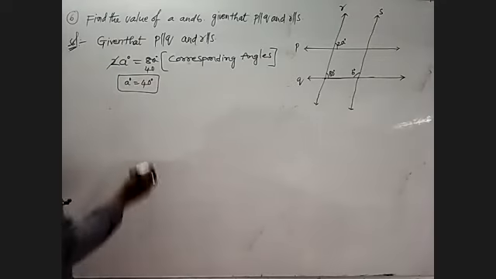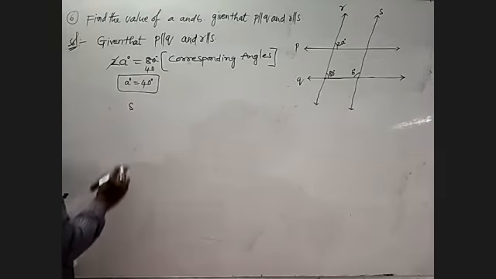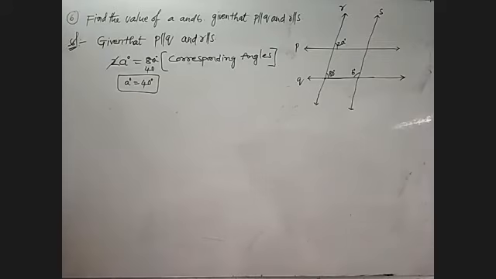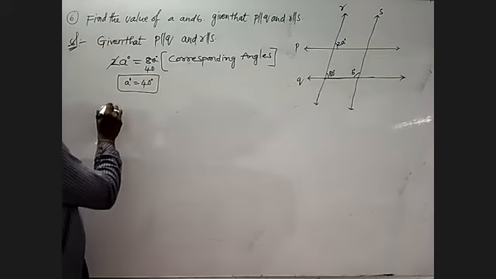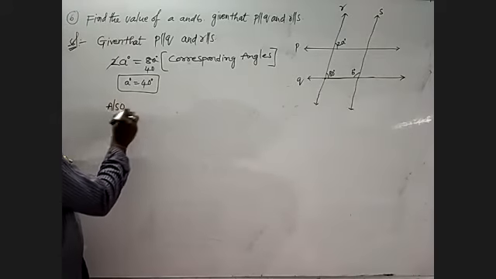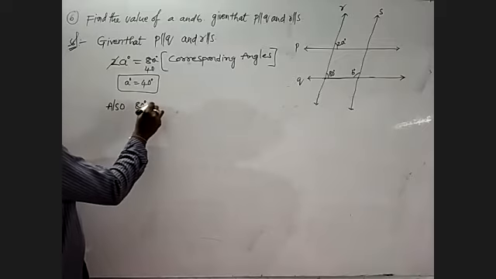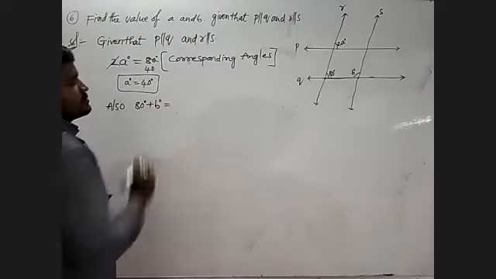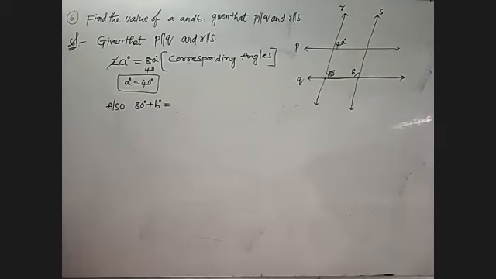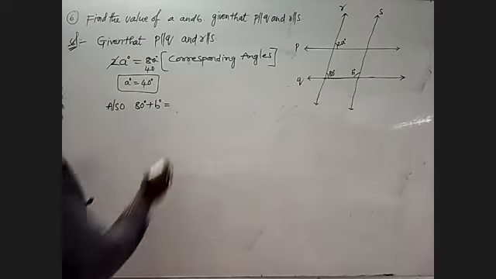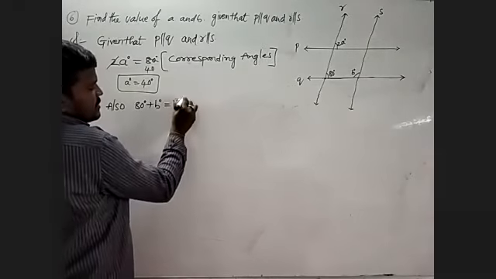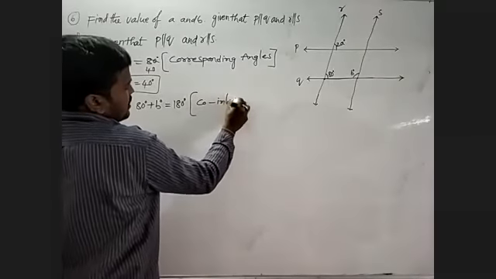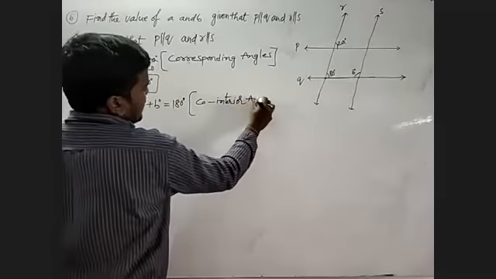That is, I will take 80 degrees plus angle B degrees is equal to 180 degrees. These are co-interior angles.